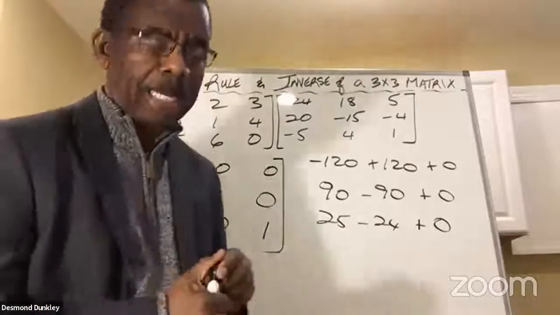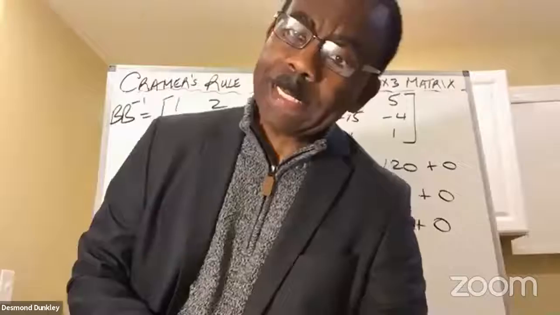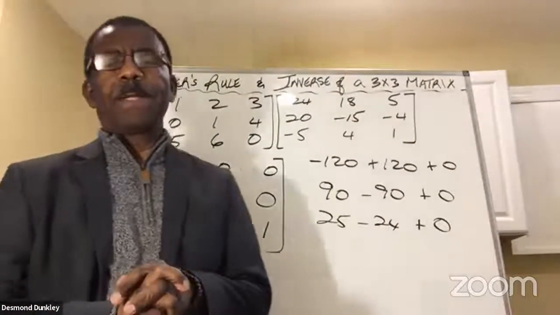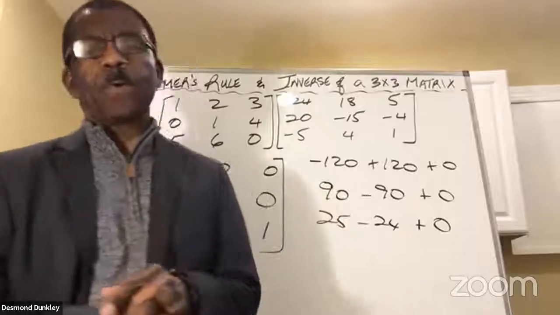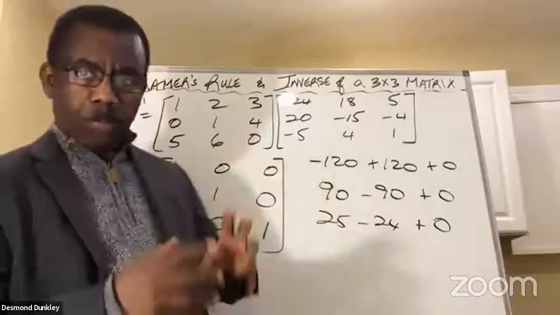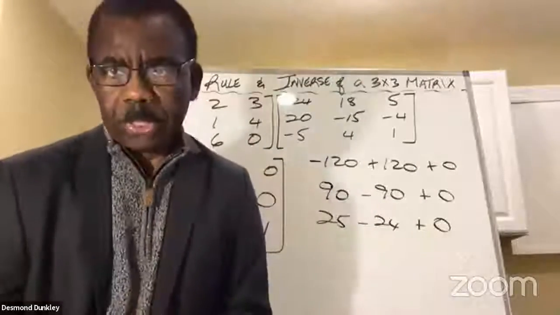So, what did you see? Getting the inverse of a 3 by 3 matrix is not easy. It is actually quite a bit of work. As a matter of fact, if we were to go to the 4x4, you realize that it just gets more complex, but you get the gist.